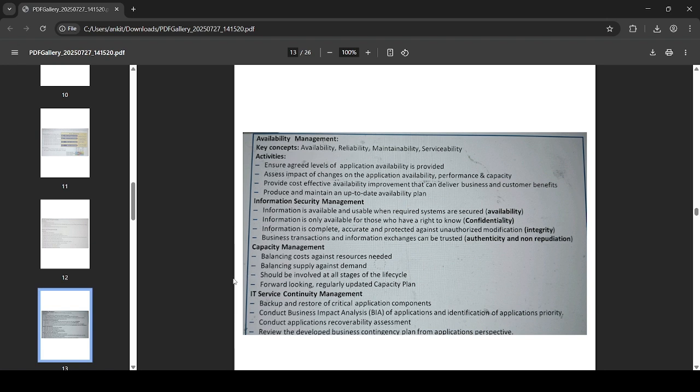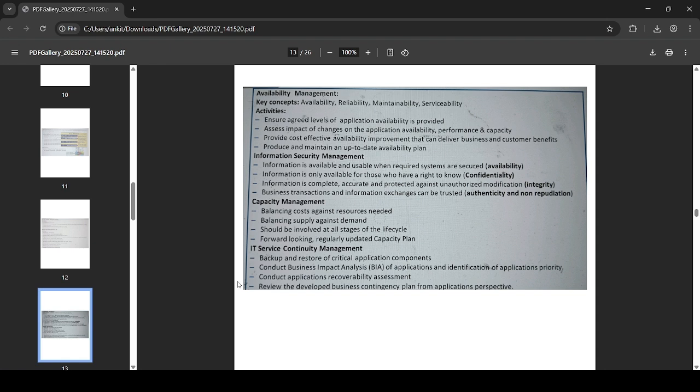Next is IT service continuity management. Backup and restore of the critical application components, conduct business impact analysis of the application and identification of application priority, conduct application recoverability assessment, review the developed business contingency plan from the application perspective.